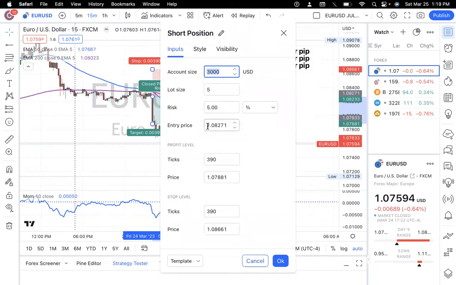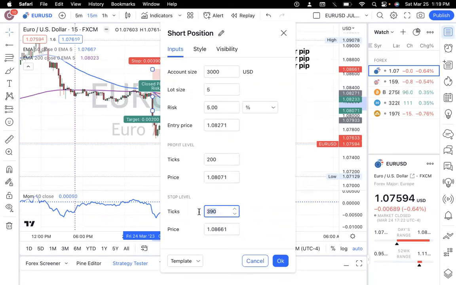In this example, our entry was at 1.08271. I find that a safe place for beginners is to try to secure 20 pips in your trade. If it's 20 pips, you're going to put 200 because you have to multiply it by 10. The easy way to remember is just put 20 and add a 0.